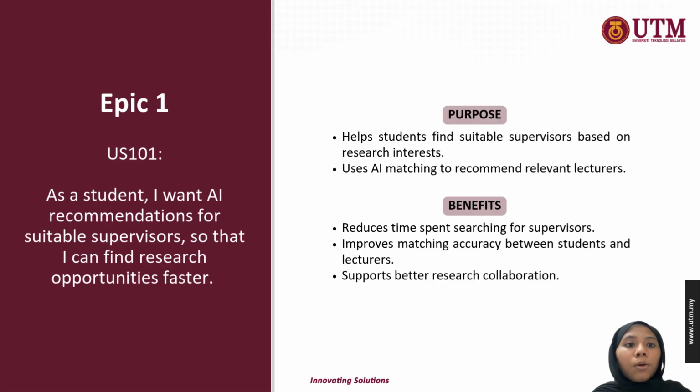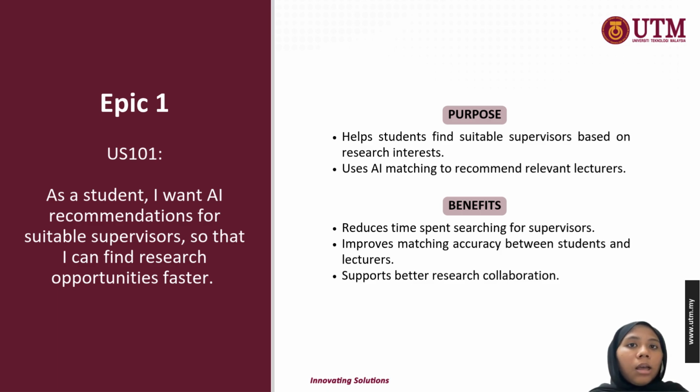Moving to epic 1, user story 101, which states that as a student, I want AI recommendations for suitable supervisors so that I can find research opportunities faster. So the purpose of this feature is to help students find supervisors that match their research interests using AI recommendation technology instead of manually searching through every lecturer profile.